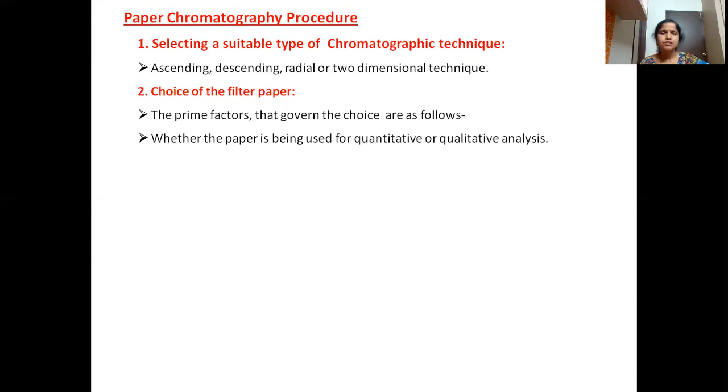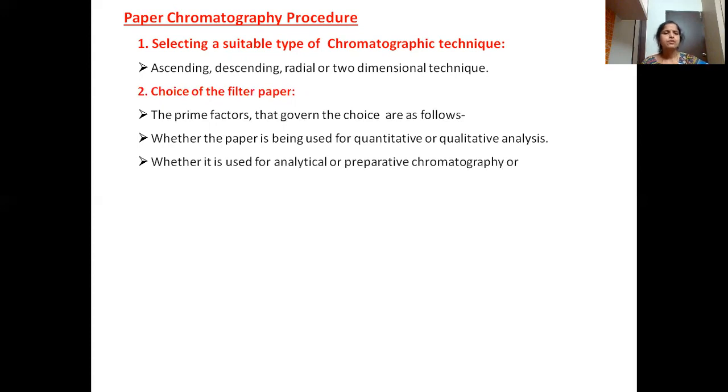In quantitative analysis we have to find the amount of the sample, whereas in qualitative analysis we just find out the nature of the sample. According to that, we need to select the filter paper.